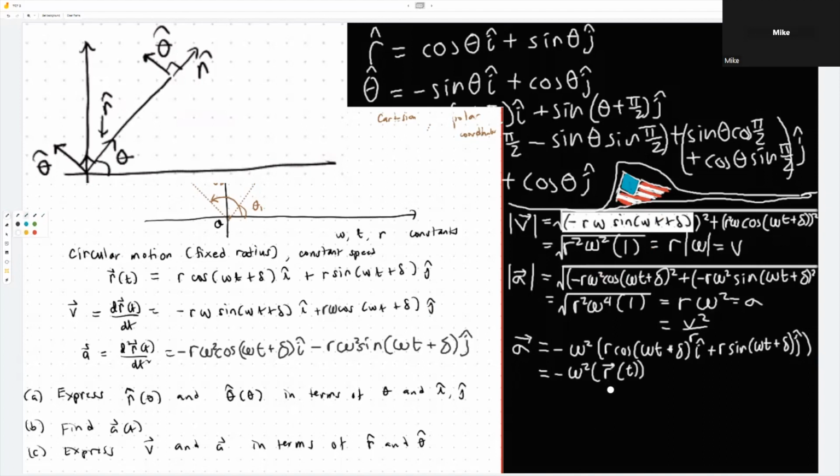Pointing from the point towards the origin. So if you are at the location of the particle, where does the acceleration vector point? Pointing towards the center of the circle. Okay?